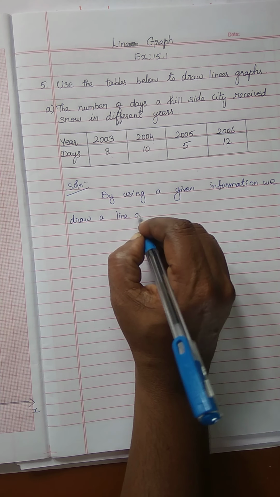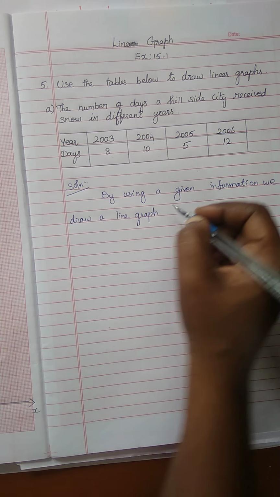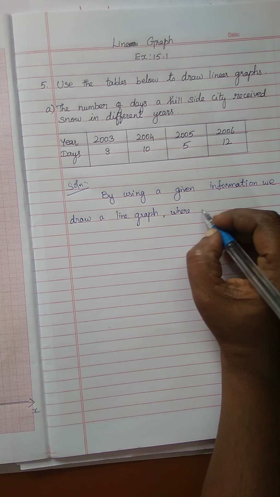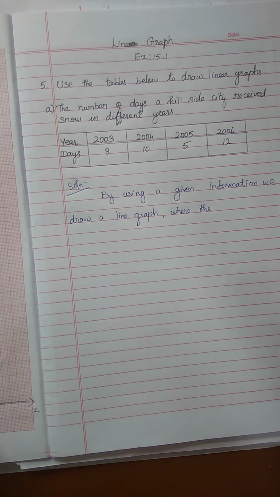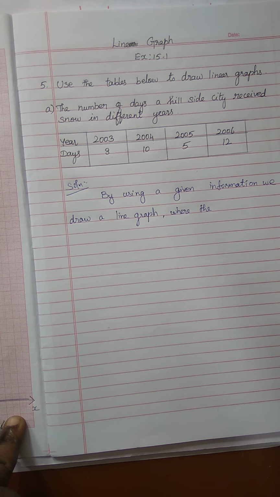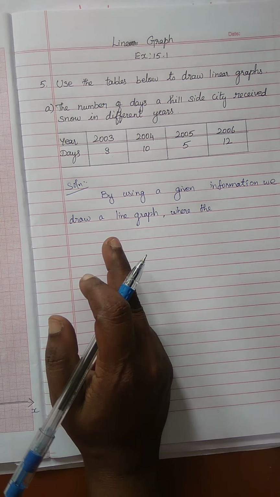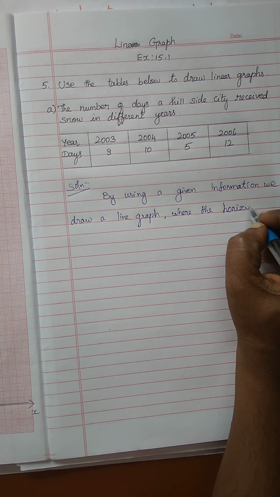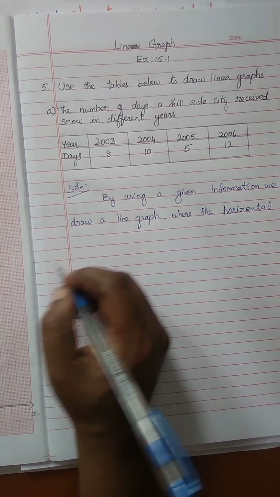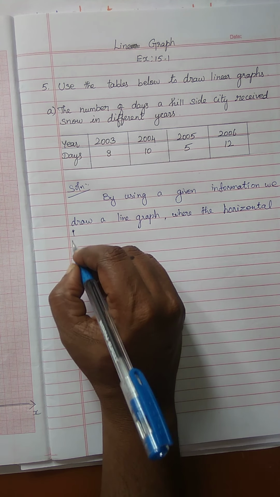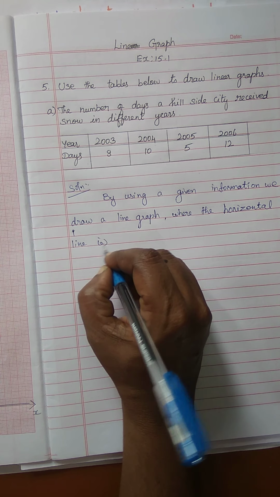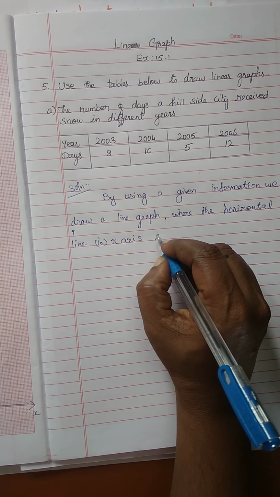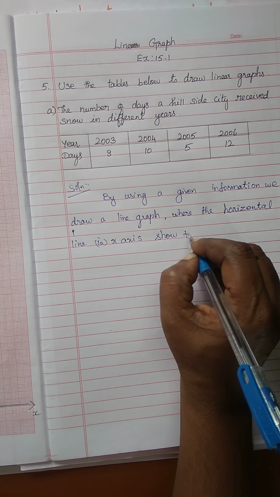We draw a line graph. The x-axis is the horizontal line. The y-axis is the vertical line. The horizontal line is the x-axis, and it shows the years.